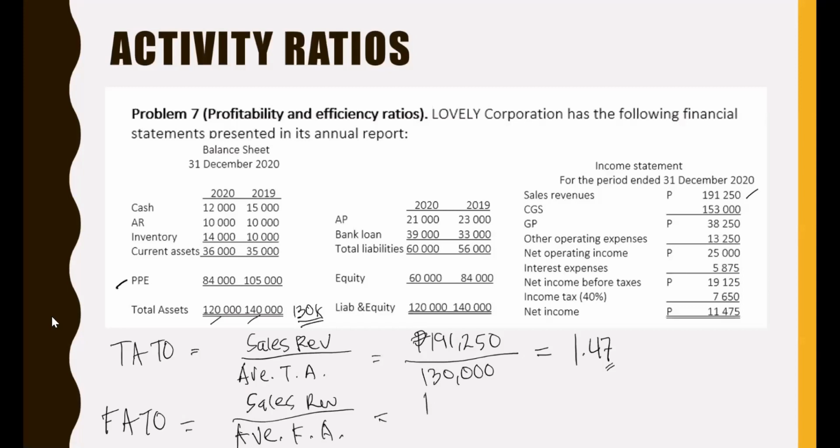So, 191,250 divided by 84 plus 105 divided by 2. So, 84 plus 105 divided by 2. So, we have 94.5.